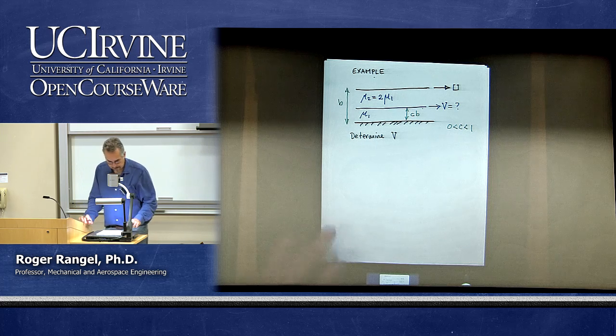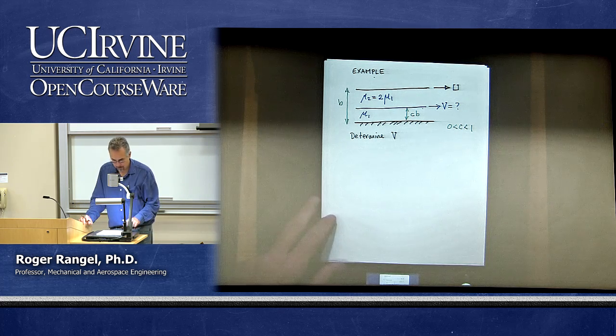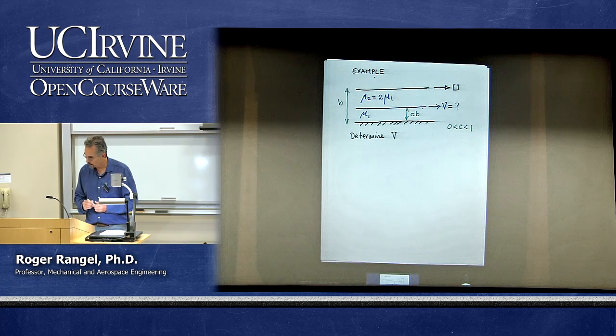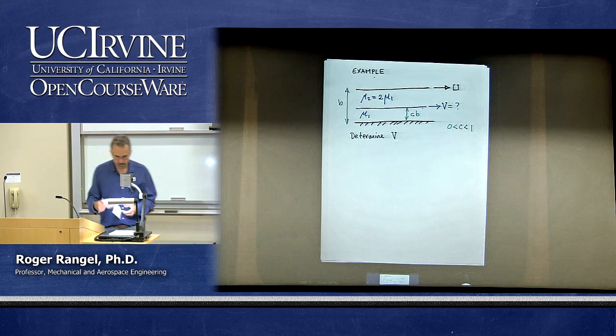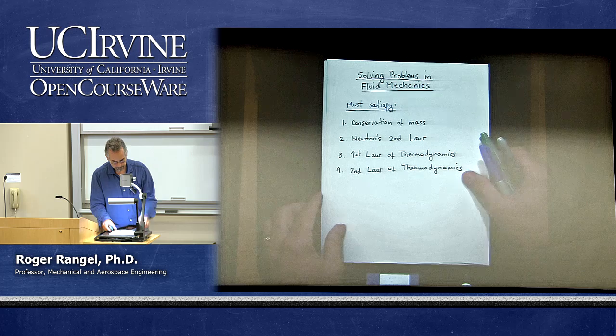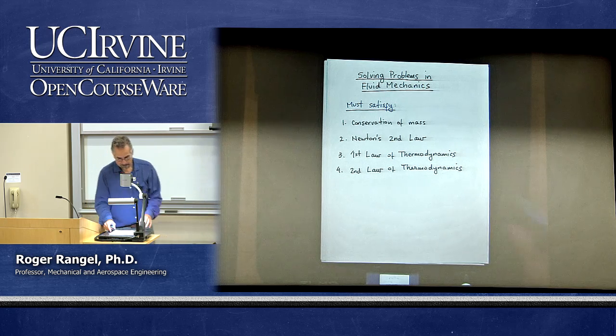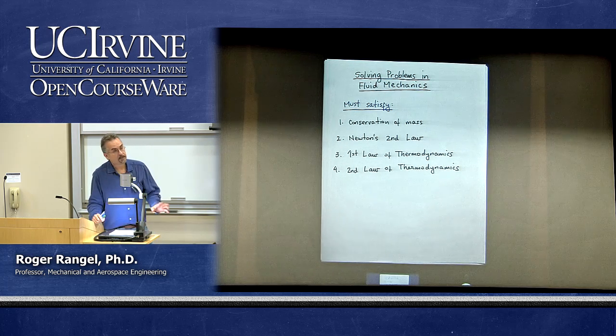And the way to tackle this problem is by doing a force balance. Remember, we talked about in the first lecture how, let me bring that back here. When we're solving a problem in fluid mechanics, we typically need to satisfy a few physical laws that we are familiar with.